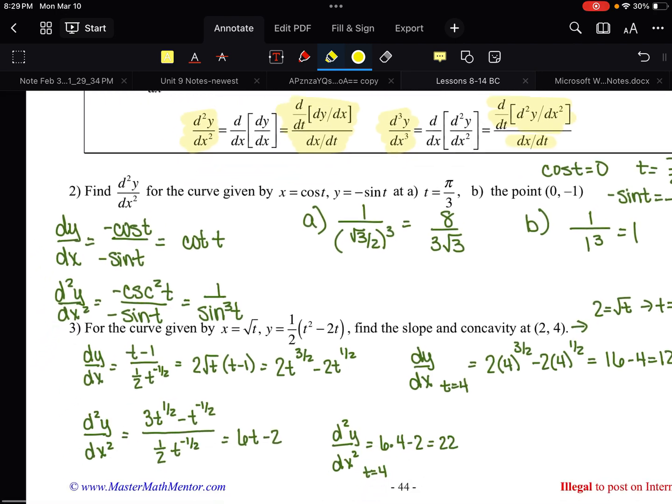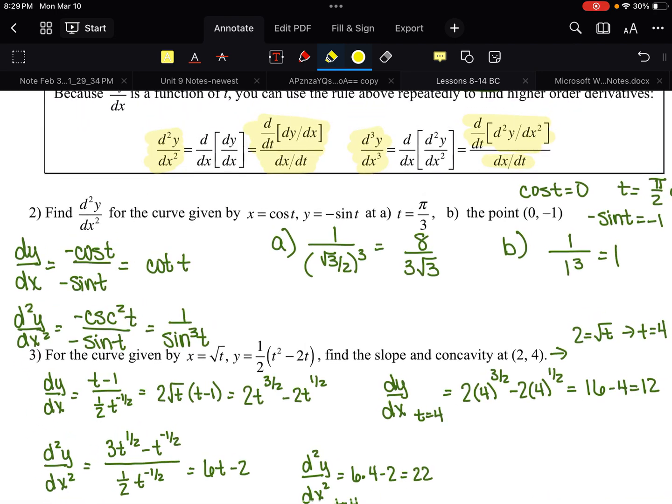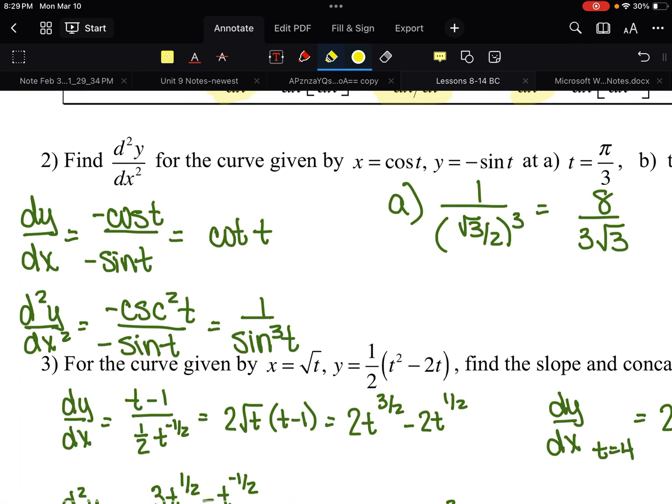Okay, so what about the second derivative? We talked about this in class today. The math here is not really hard to do, but you have to remember what you're doing. With regular functions, to get the second derivative, you take the derivative of the first; to get the fourth derivative, take the derivative of the third.